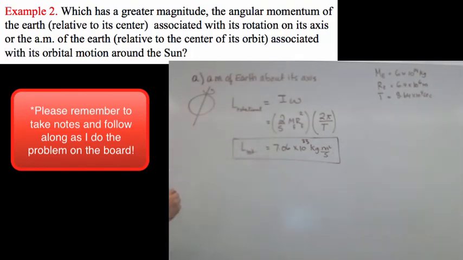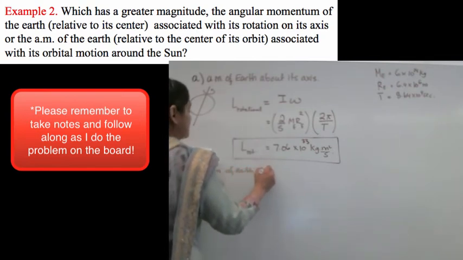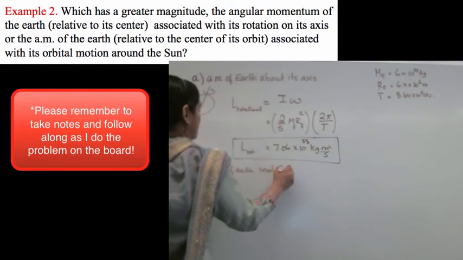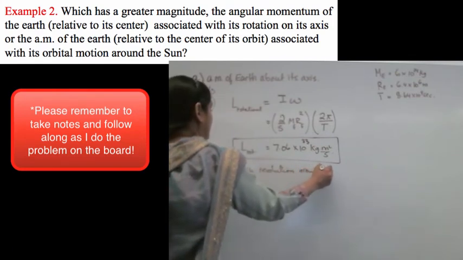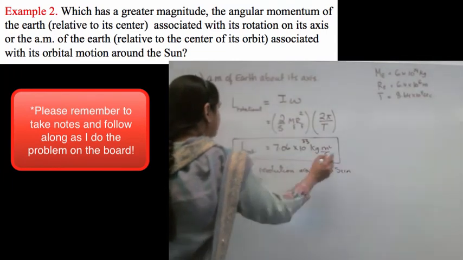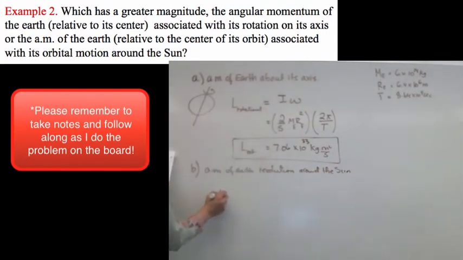Okay, now for part B, it's asking me the angular momentum of Earth in its revolution around the Sun, right? So in this case, we are going to have a Sun in the middle, and then we're going to have the Earth, and the Earth is going around the Sun, okay?